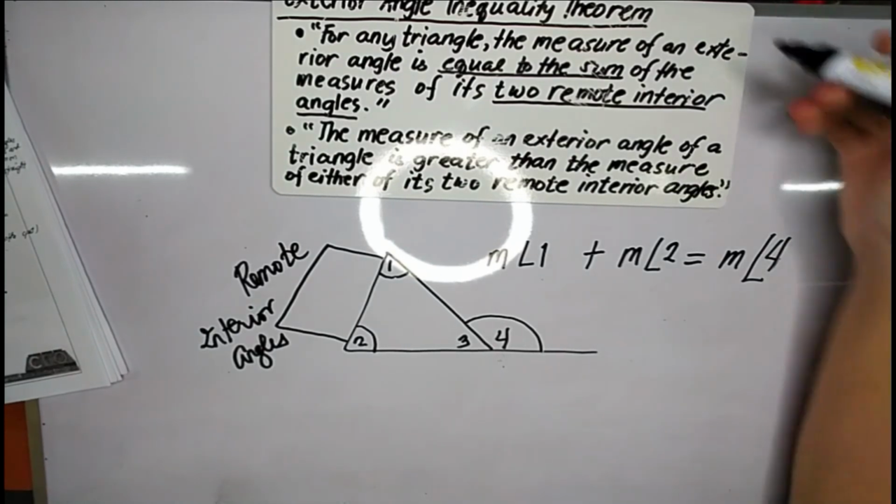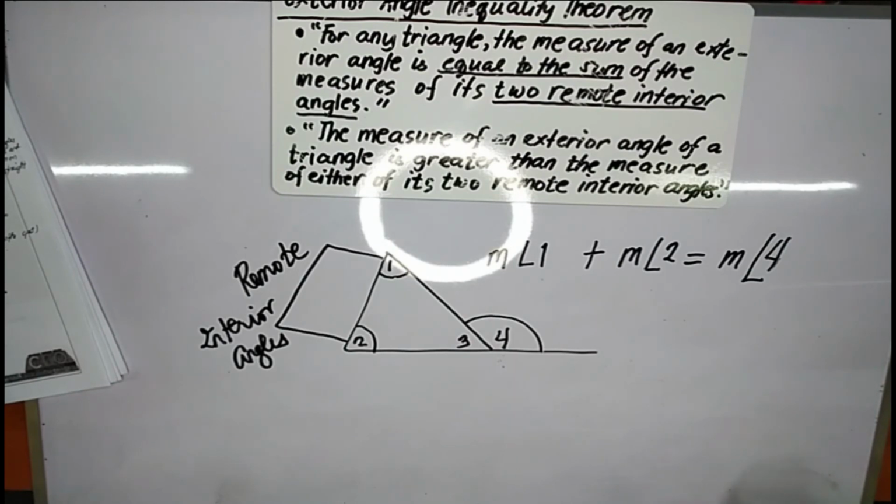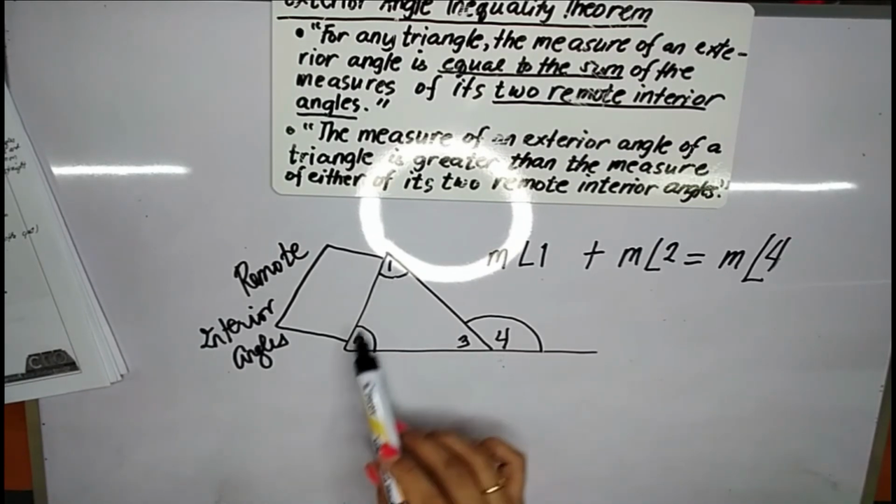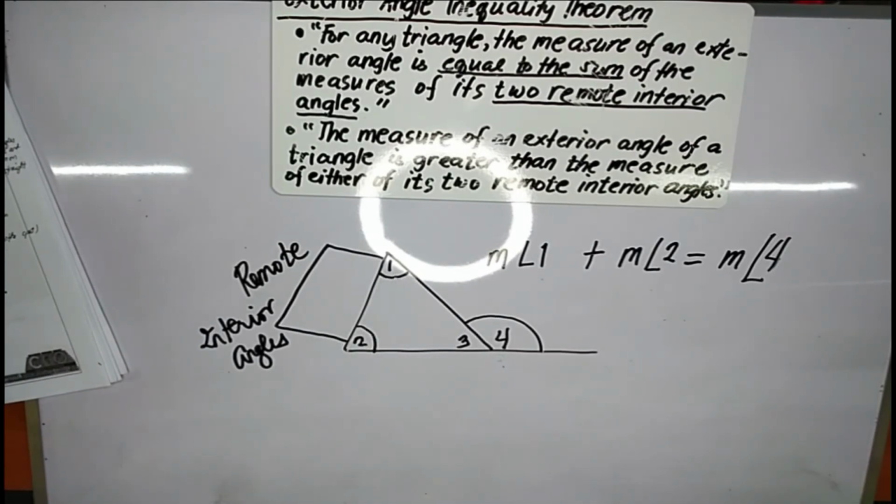So, unsa man inyong ma-observe ana? We can say really nga ang exterior angle, obviously, dako gid siya og measurement. Kaya nga naman, yung iyang measurement kay pariho man sa sum sa duha ka remote interior angles.